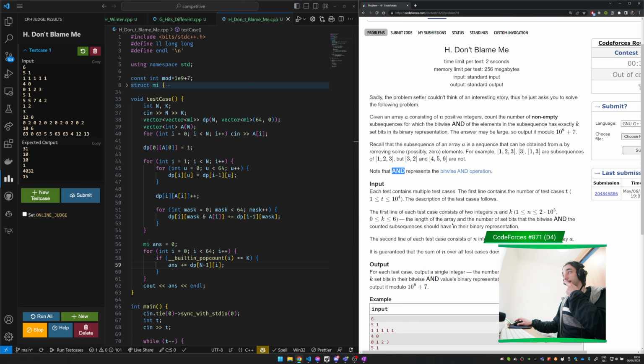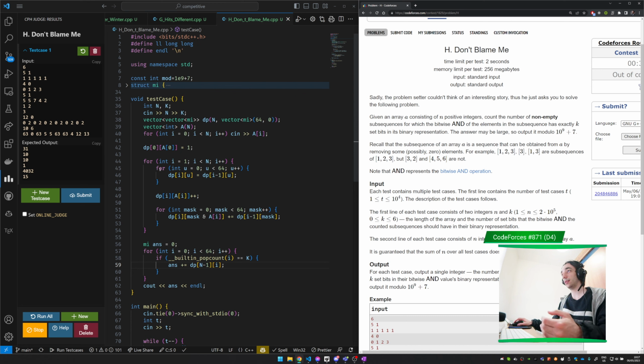The trick is that you can have at most 6 bits, and every number is up to 63. So this actually allows for an n times 64 approach. n is big enough, but 64 is just a constant. It doesn't push the time limit that far.